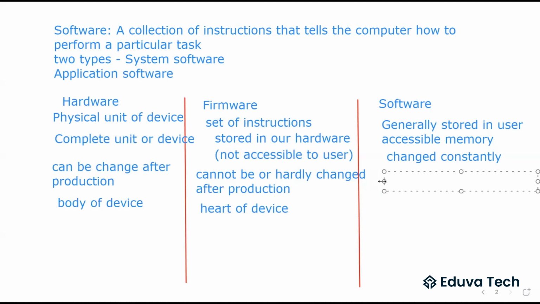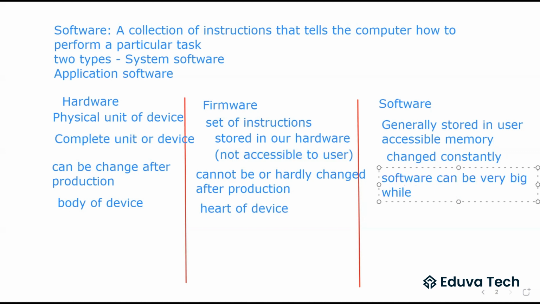Software can be very big, because software is a collection of instructions, while firmware is usually small.